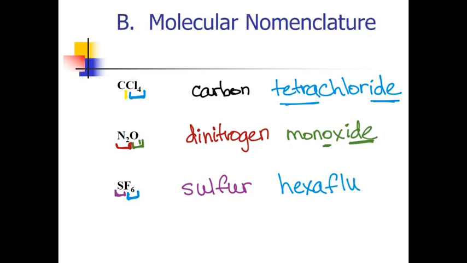And instead of writing fluorine, we drop the ending and write fluoride. So sulfur hexafluoride. Please note that our first element is never going to end with ide. Okay? The first element never ends with ide. It might have a prefix, but do not change the ending of the first element. Only the second element.